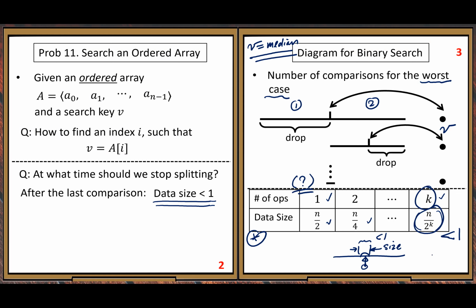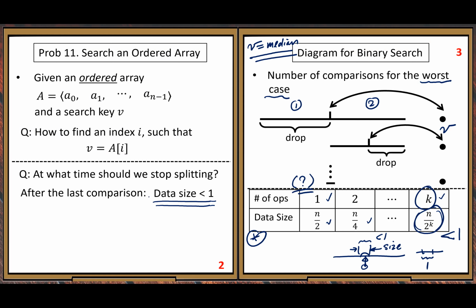If you have two data items, the difference between them is 1. But your interval is less than 1, so you can only cover one element. If you have only one element, there is no reason to do further splitting. So you have to stop.